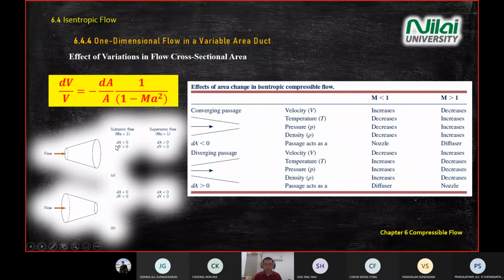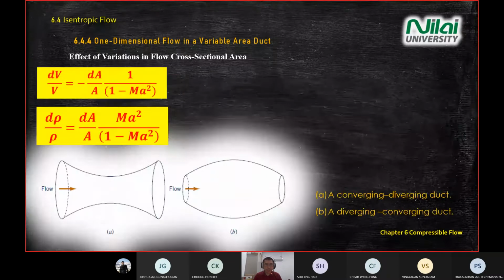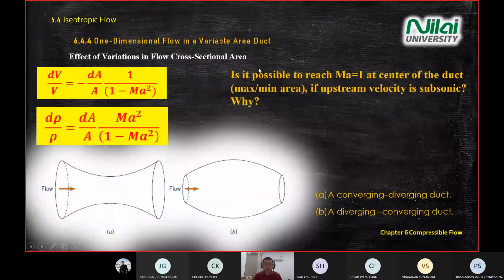All right. Now I will go a little bit fast today. So the next question is: is it possible to reach Mach number 1 here at the center of the duct, or sometimes we say maximum or minimum area?